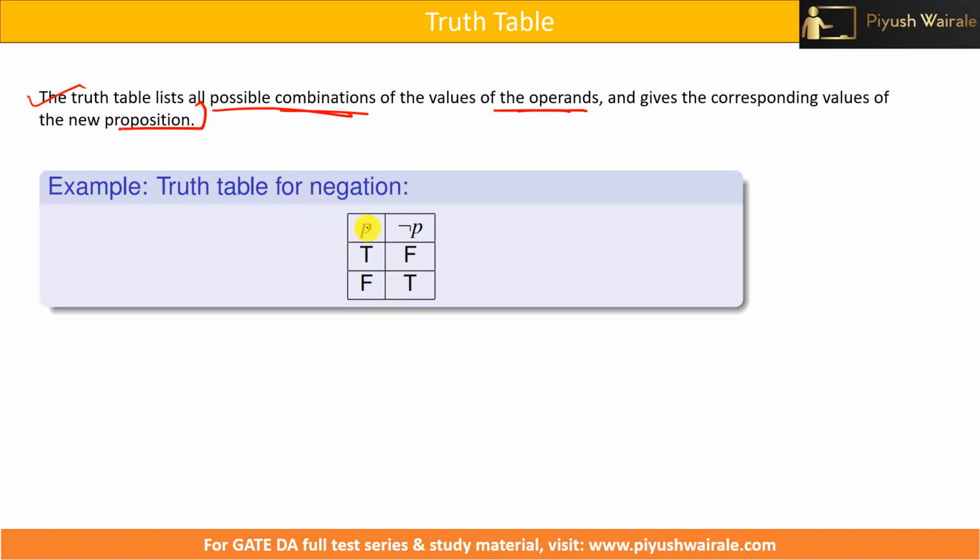So when I say P is true, then in that case negation of P will become false. When I say P is false, then negation of P will become true. Okay, so it's a very important truth table. You can just note it down. All the truth tables are very important during propositional logic, so you have to remember those things.